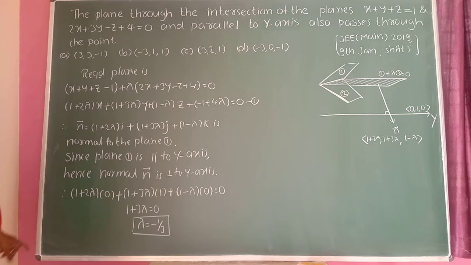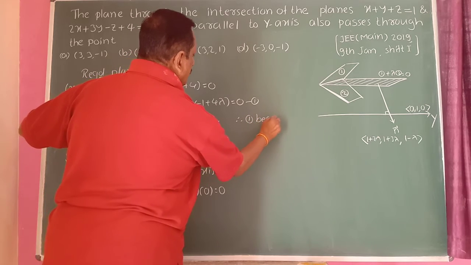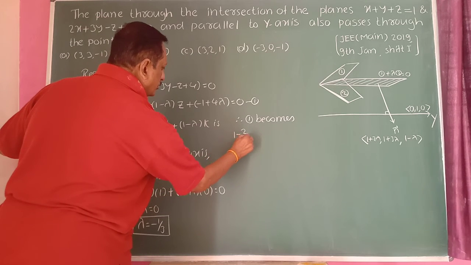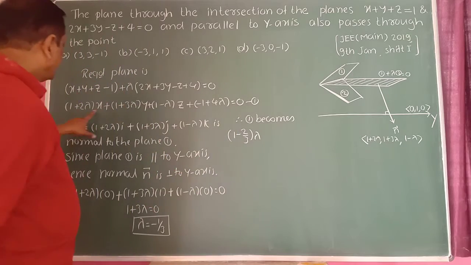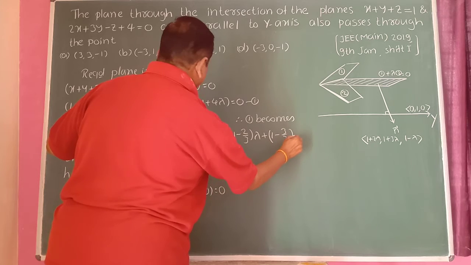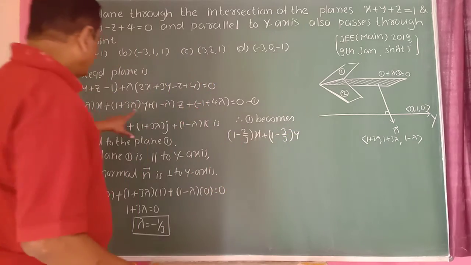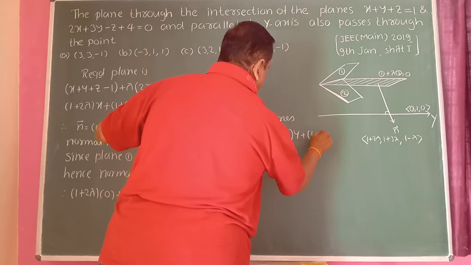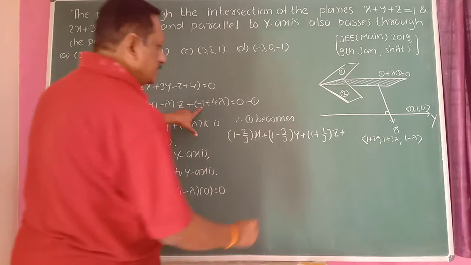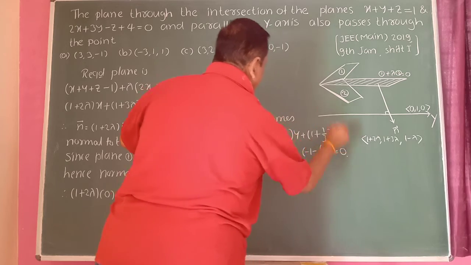So use this lambda in equation 1. Equation 1 becomes 1 minus 2 upon 3 into x, then plus 1 minus 3 divided by 3 into y, then plus 1 plus 1 upon 3 into z, then plus minus 1 minus 4 divided by 3 is equal to 0.